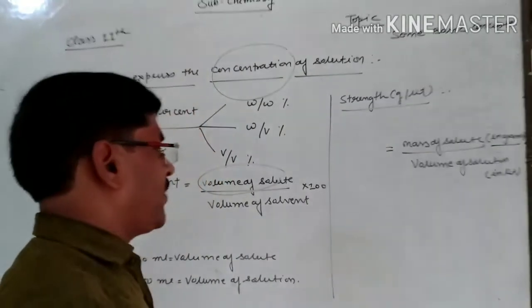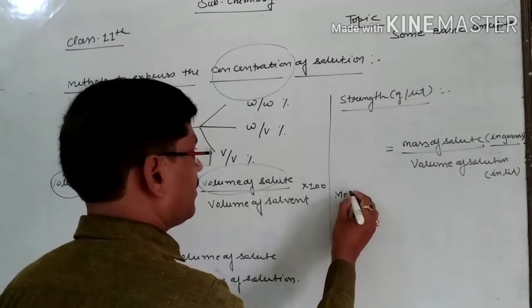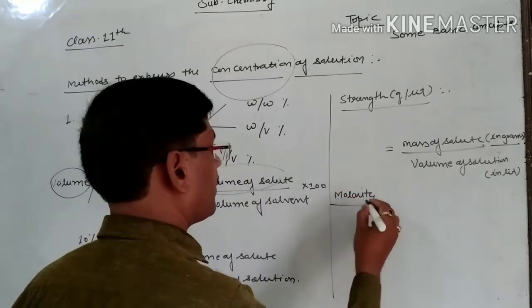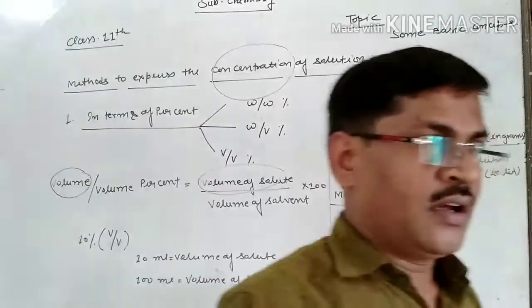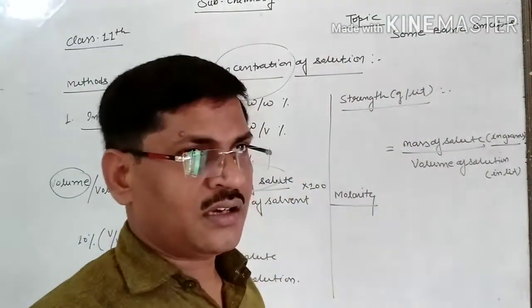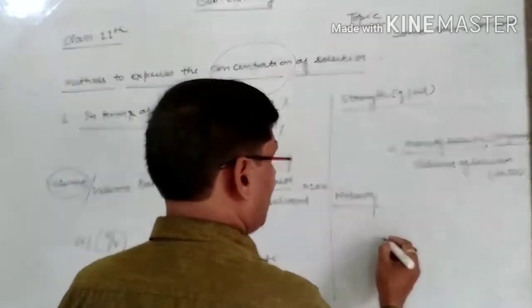After that, suppose that in terms of molarity, first of all you have to remember its definition. Number of moles of solute present per liter volume of the solution. So what will be the formula?